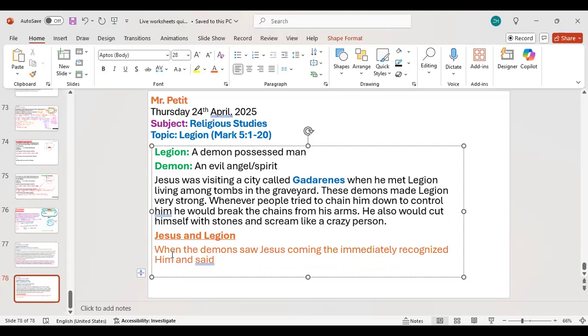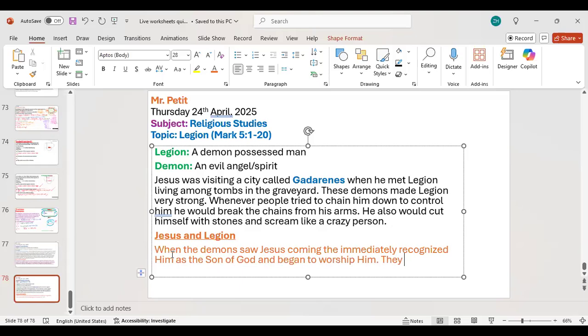He was saying, "Oh, Son of the Most High God, what do you want from me? Don't hurt me." They recognized him as the Son of God and began to worship him.